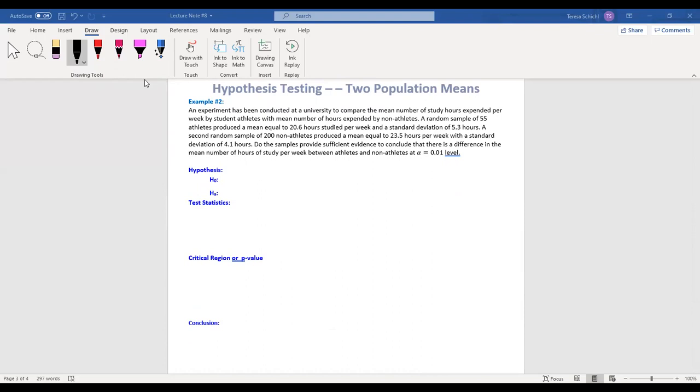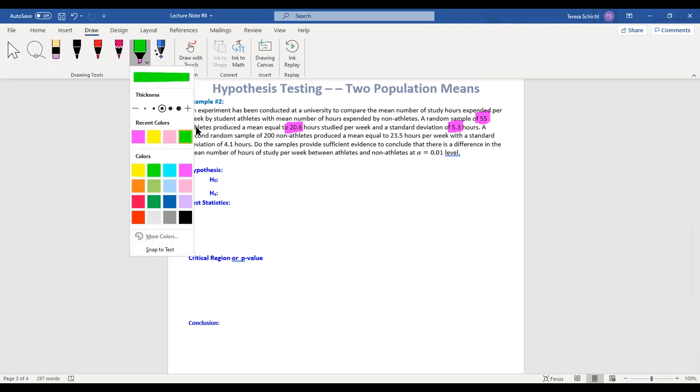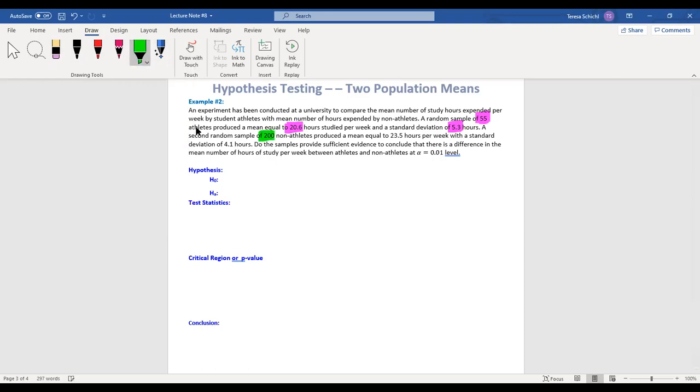A random sample of 55 athletes produced a mean of 20.6 hours of study per week, and the standard deviation was 5.3. A random sample of 200 non-athletic students produced 23.5, and the standard deviation is 4.1. I color coded that so you can see.